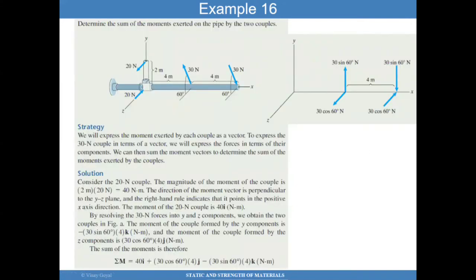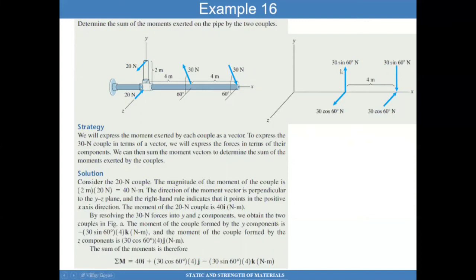We can have yet another example here, which is to determine the sum of the moments exerted on the pipe by the two couples. I have this force here, opposite direction, same magnitude. I also have this force here, opposite direction. This one is easy. Again, decomposing to the y and z directions to make it easier.